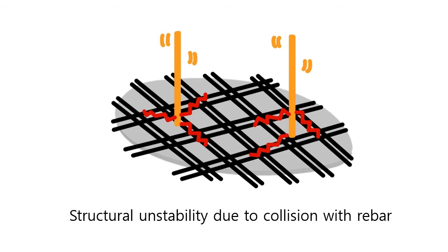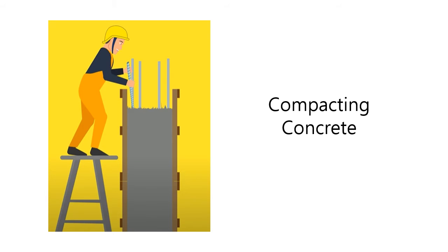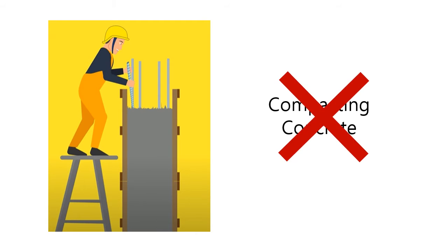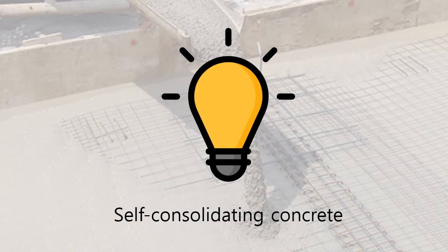This leads to structural unstable situation. Therefore, for absolute wall tower, the method of removing air void with the compacting concrete process is not available. The alternative to this is self-consolidating concrete.